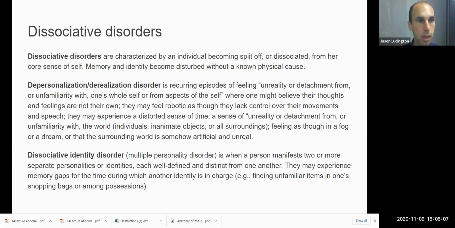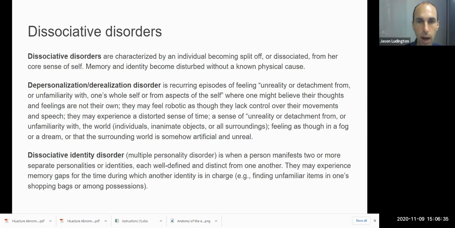So two examples are depersonalization or derealization disorder and dissociative identity disorder. The first one is recurring episodes of feeling unreal or detached from or unfamiliar with one's self or aspects of the self, where one might believe their thoughts and feelings are not their own.